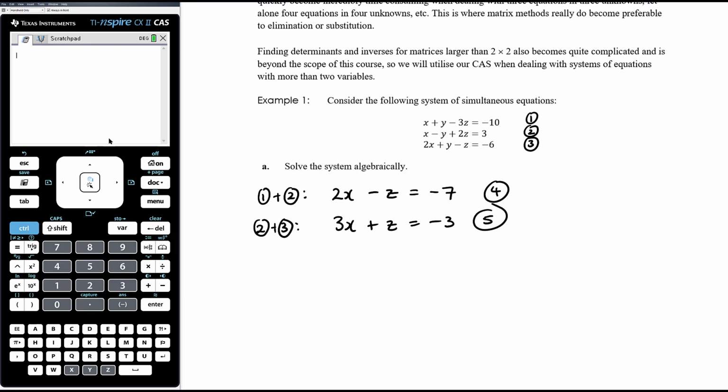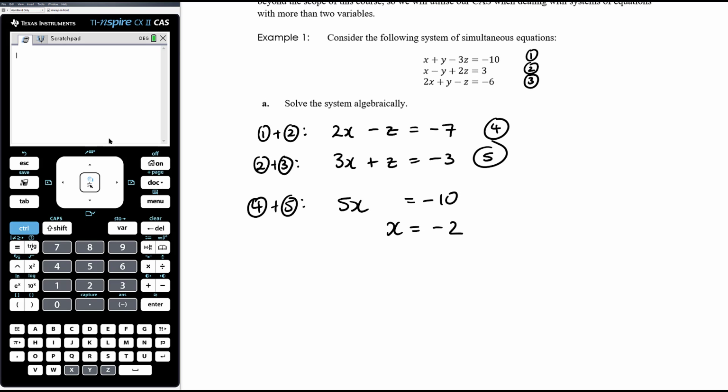Okay, so again I can eliminate z very easily by adding these. So I'm going to do 4 plus 5, which will give me 5x, z's will eliminate, and negative 7 plus negative 3 is negative 7 minus 3, which is negative 10. And so x is equal to negative 2.